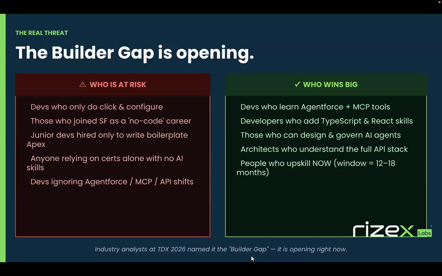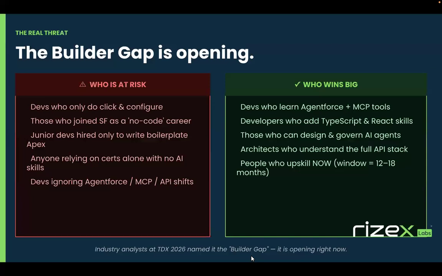Some developers will grow very fast, and some people may struggle. Who is at risk? People doing only click and configure, point and click tools, developers depending only on certifications, developers ignoring AI tools, and people writing repetitive boilerplate Apex or LWC code. They are at risk.